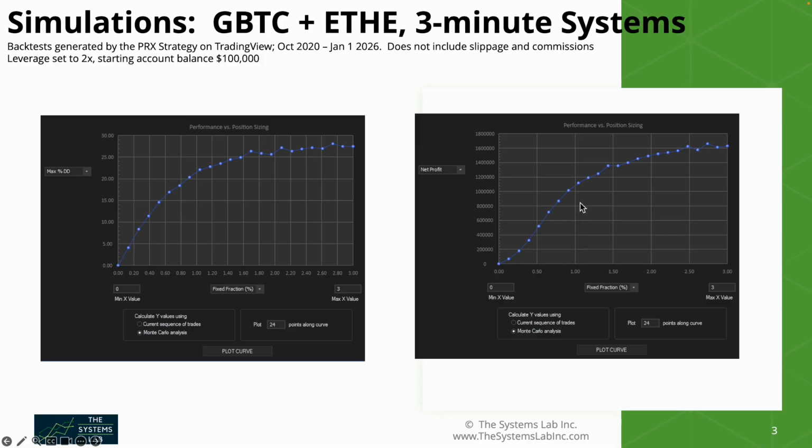The 1% number gets us about a net profit of somewhere in the 1.1 million range. 1.5% gets us just a little bit shy of 1.4 million, and 2% gets us around 1.5 million. So this is a good way for us to be able to see the risk versus reward at various position sizing algorithms at various risk levels per trade.